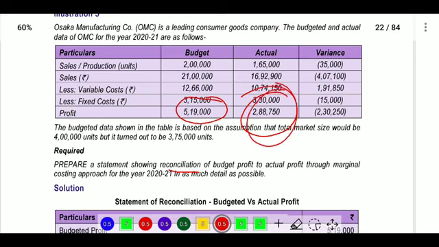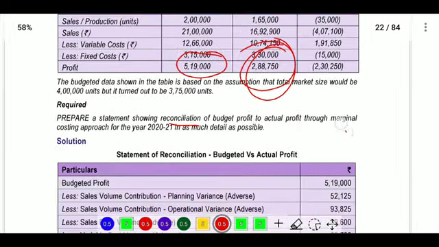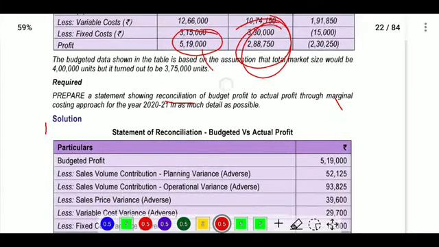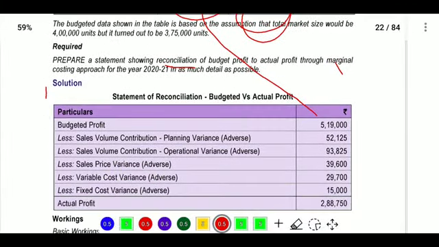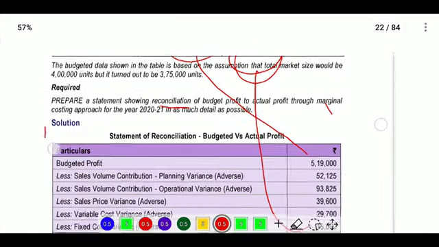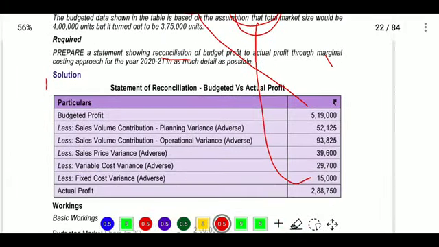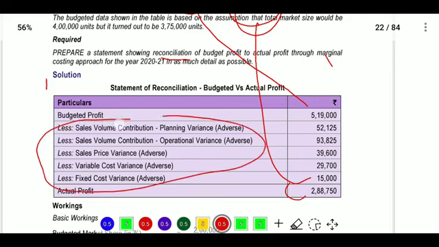Actual profit is 2,88,750. Now we need to provide the variances. So we will take this budgeted profit and reach 2,88,750. That is 2,88,750 we reached. We need to adjust the sales differences.